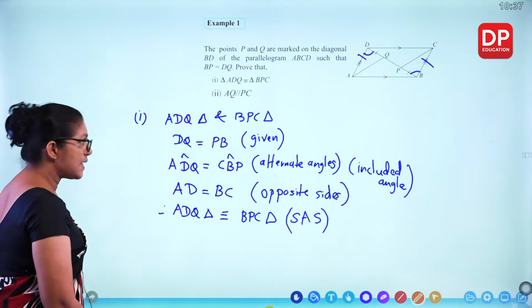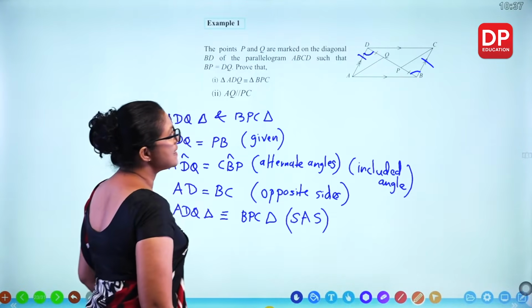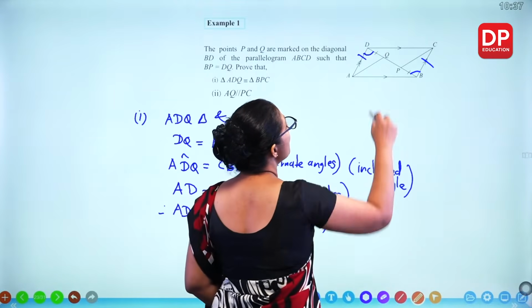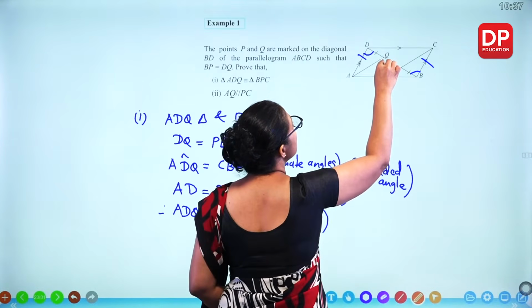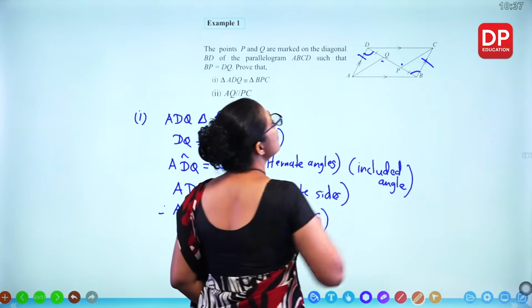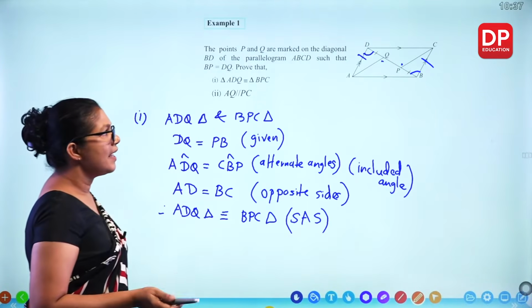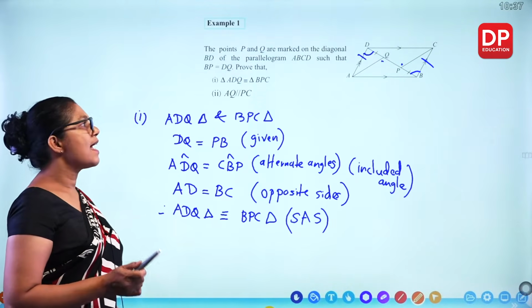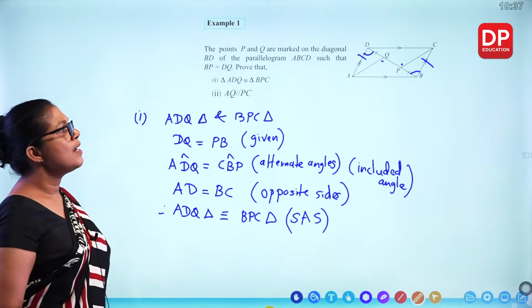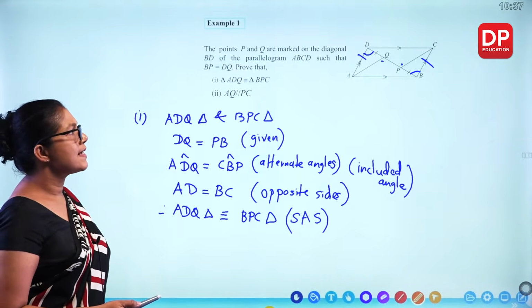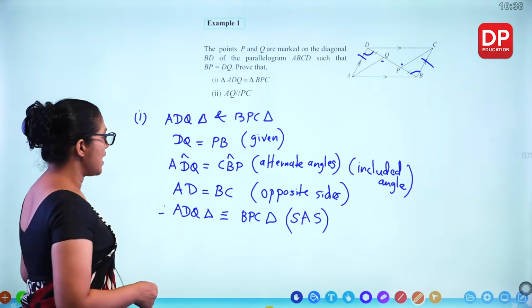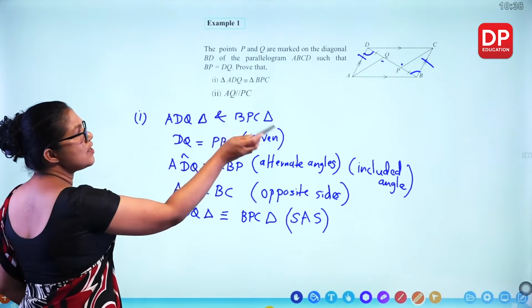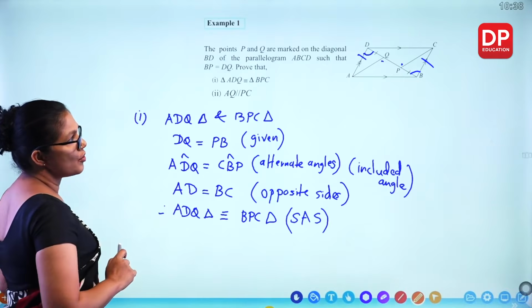So to show that AQ parallel to PC, we need to show that this angle is equal to this angle. Then if alternate angles are equal, we can say AQ is parallel to PC. How can we do that? We know that these two triangles are congruent.